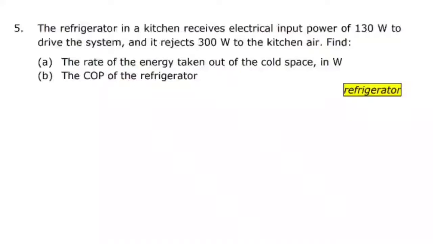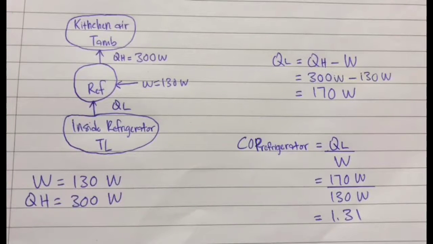So assume a steady state, so there is no storage of energy. And the information provided is W equal 130 watt and the heat rejected is QH equal 300 watt.